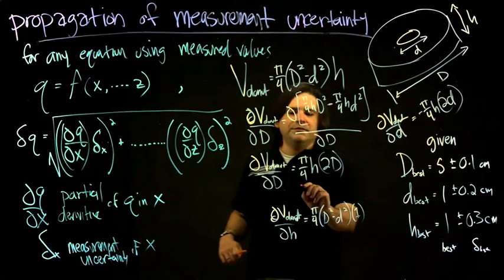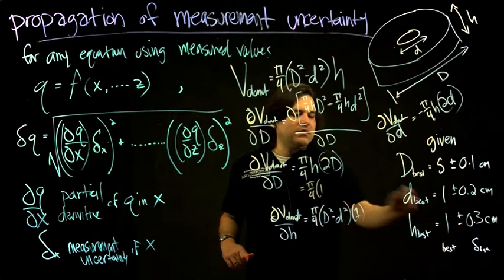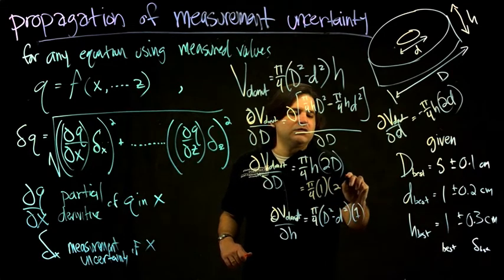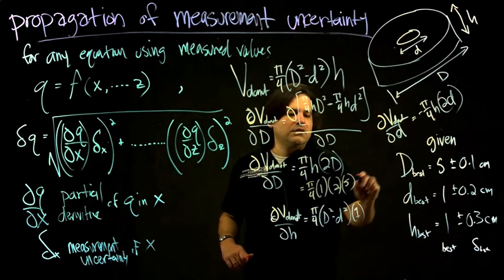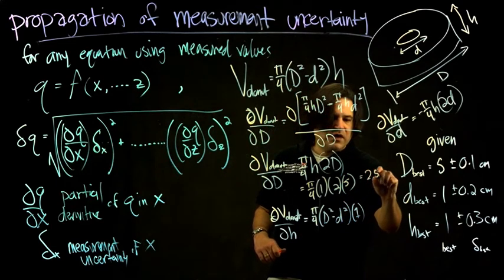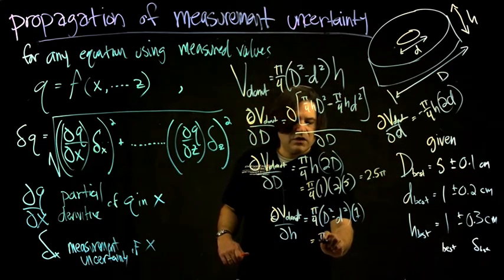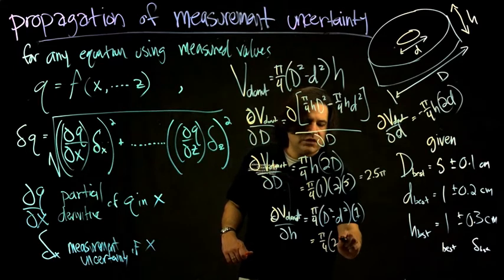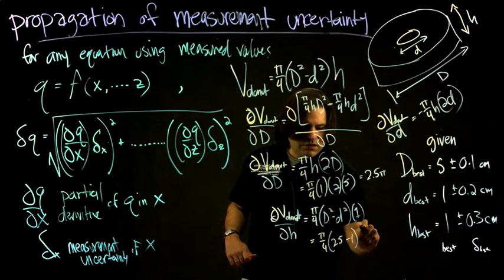So this would be pi over 4 times 1 times 2d, which is 5, which is 2.5 pi. Plug in the numbers here, you get pi over 4 times 25, 5 squared, minus 1 squared, times 1.